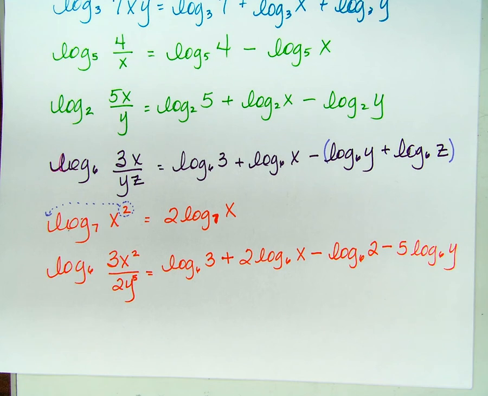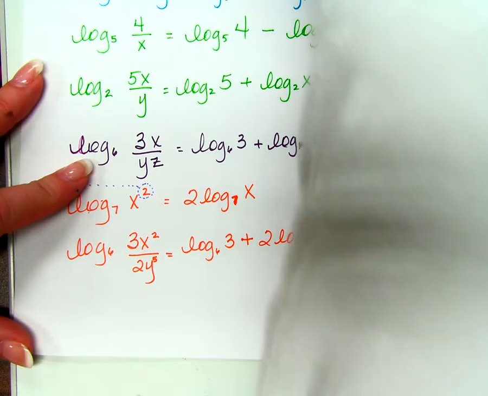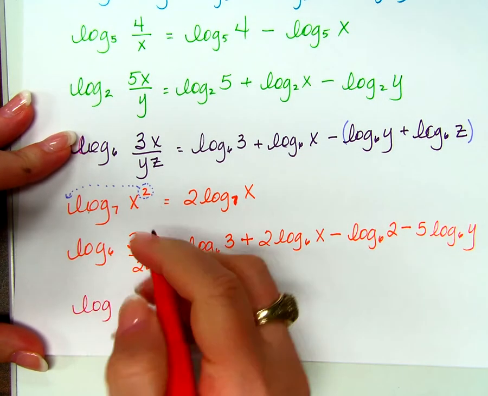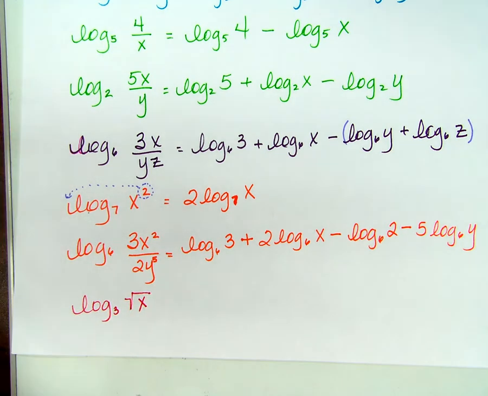Let's see. What about this? Log base 3 of the square root of x. Well, that's another thing that looks like it's already as low as it can go because there's only one term, right? But isn't there a way we can write the square root of x as x to some exponent?